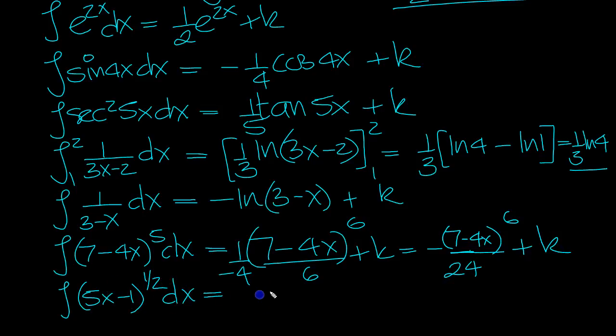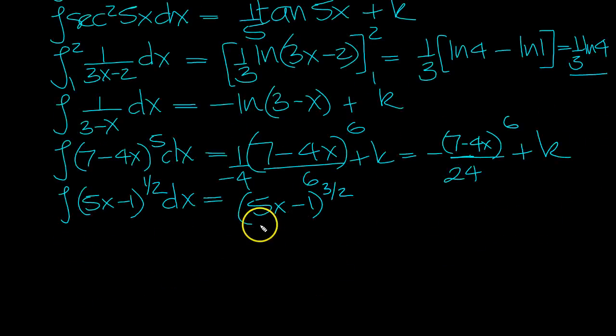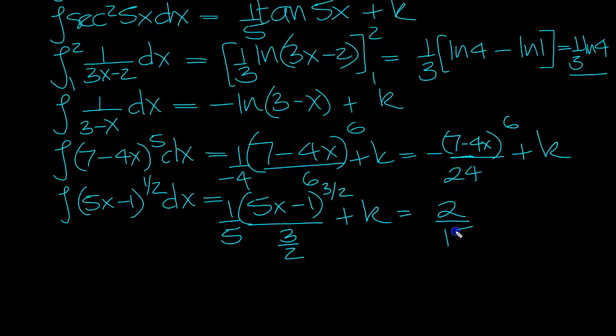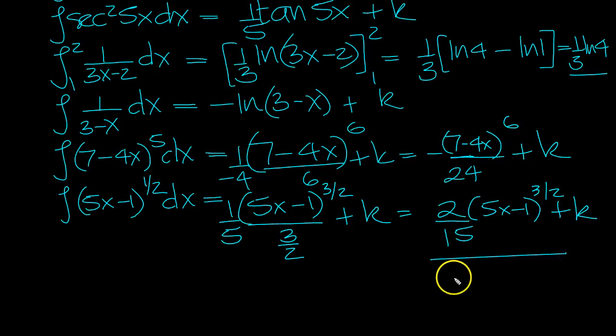And this one, raise the power by 1. Divide by that number. And then the 1 over a comes out, doesn't it? Plus k. The 2 can swing up to the top, so it's 2 over 15 of the 5x minus 1 to the 3 over 2 plus the k.